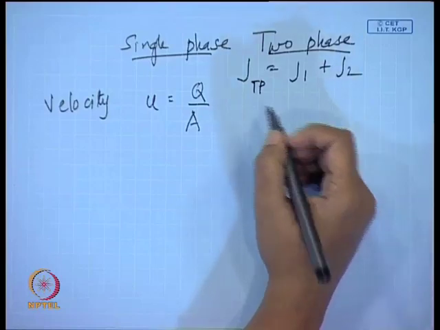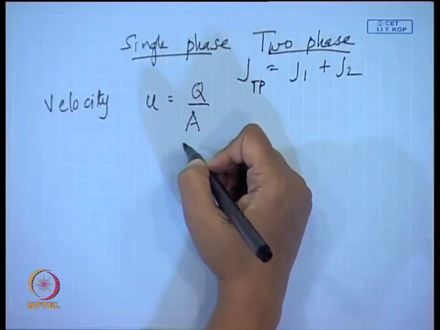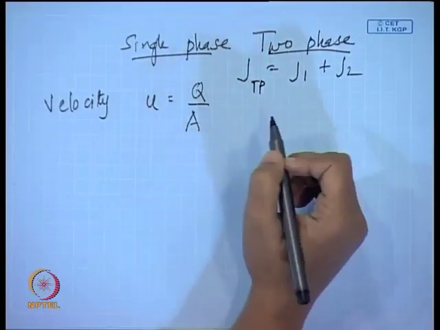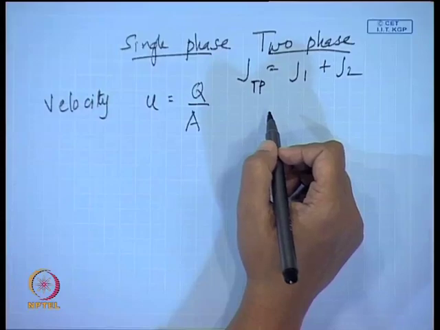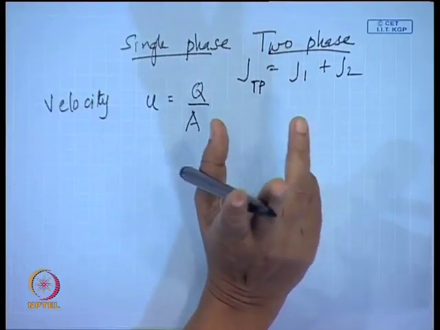So, therefore, here we have velocity equals Q by A. In this particular case, what can we have? Remember one thing, we are having two parameters Q1, Q2. We are having total cross sectional area A and we are having A1, the actual cross sectional area occupied by phase 1, is it not?